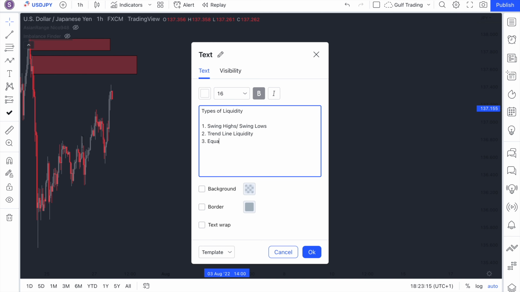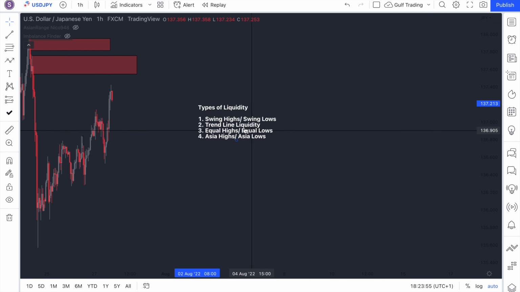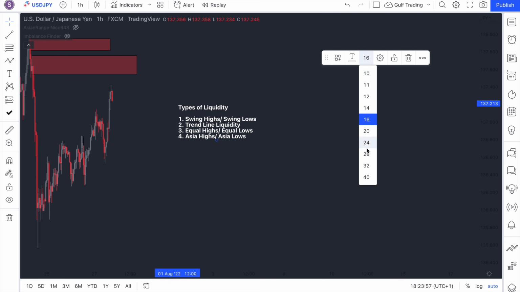Third type, equal highs and equal lows. Fourth type, Asia highs and Asia lows. So these are the four types of liquidity that I look for.